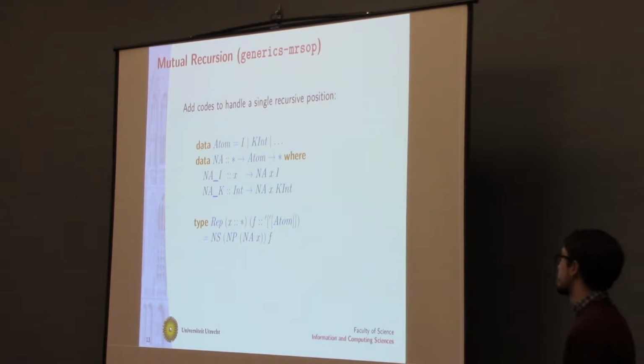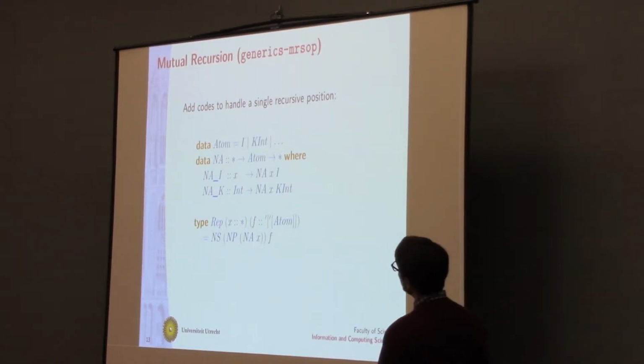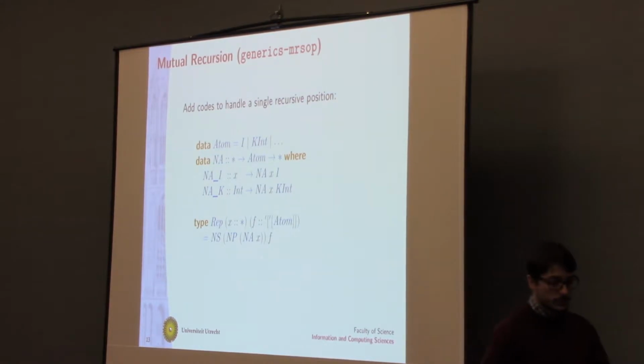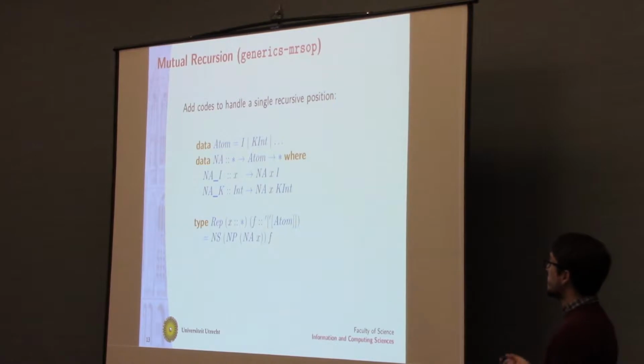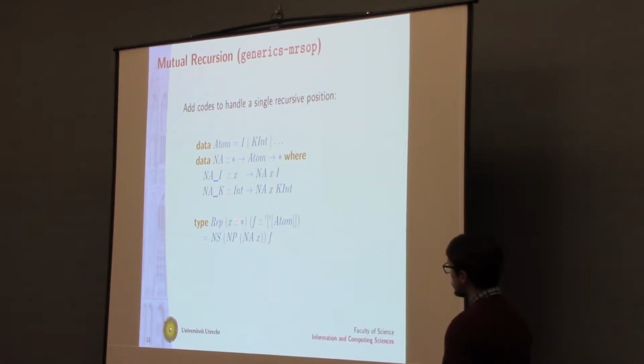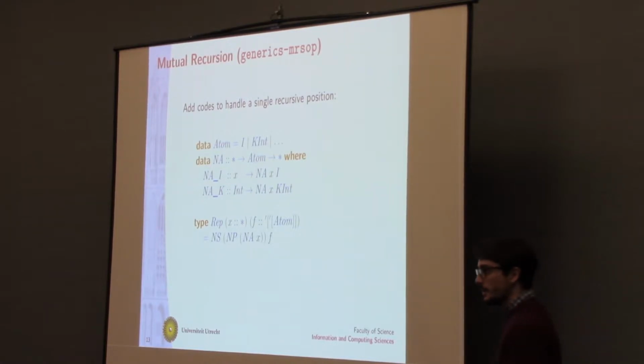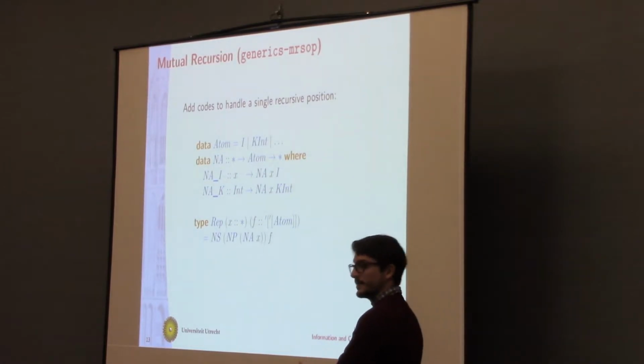So we call this regular types. Now, if we actually want to represent mutually recursive types, we can quite easily do that, and it's quite a small leap from here actually. Once you realize that, instead of one recursive position, I have n recursive positions, and instead of giving a list of recursive positions, I could give a functor from naturals to star, which tells me which position I am at.